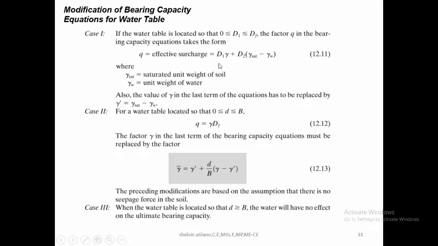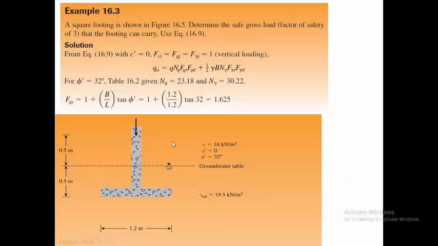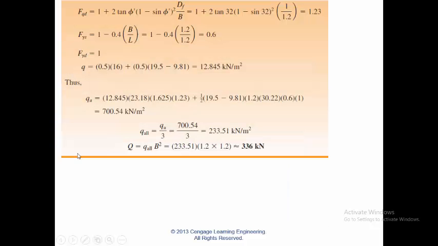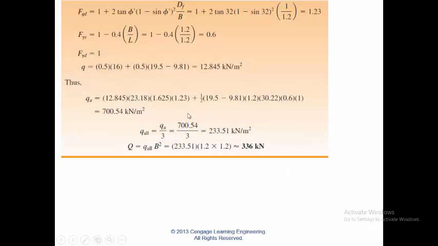We need to calculate this one first. Gamma 1 times D1, meaning 16 times 0.5, plus D2, 0.5, times the quantity of gamma sat 19.5 minus gamma water 9.81.